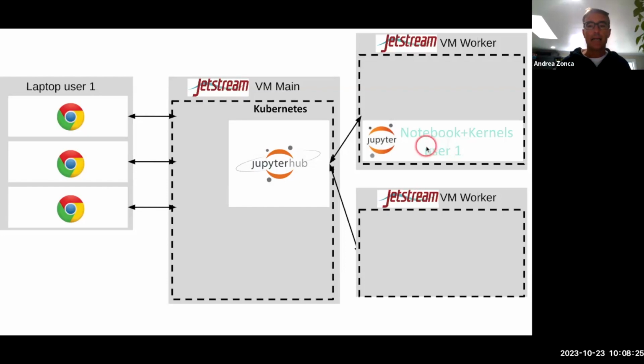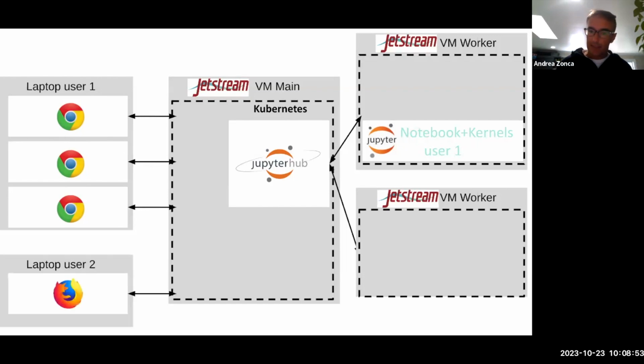And then Kubernetes takes care of all the networking necessary to have this interface to your computational environment back to your browser. So you will be driving from your browser the computation which is being executed on one of the machines in our cluster.